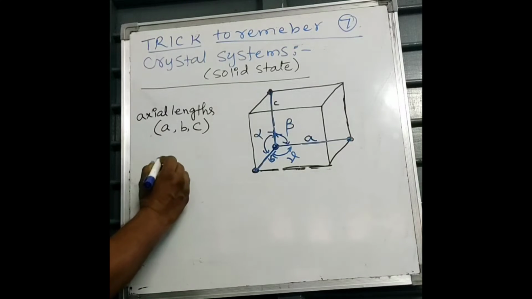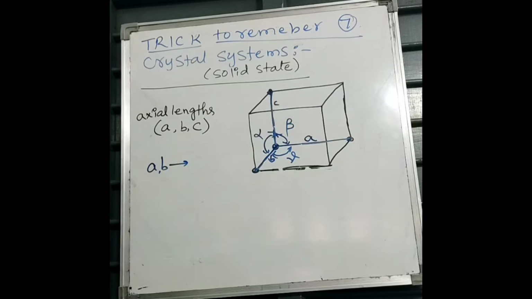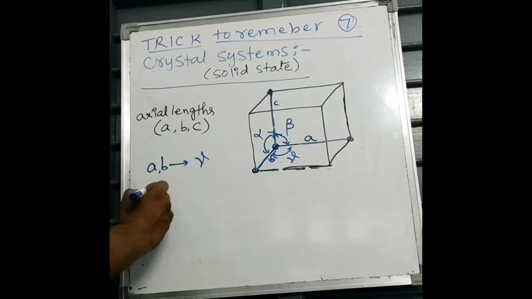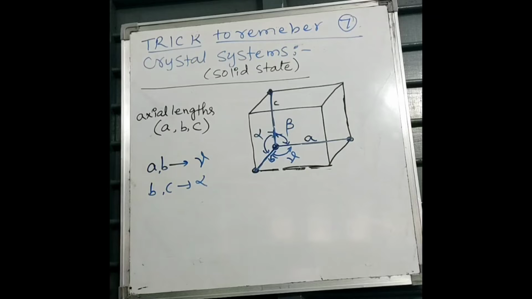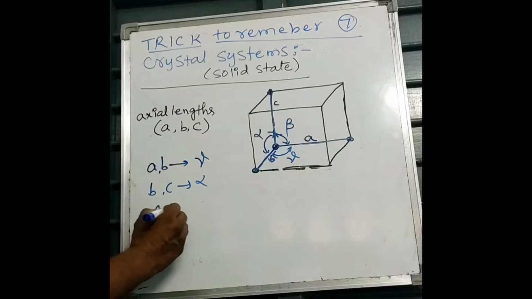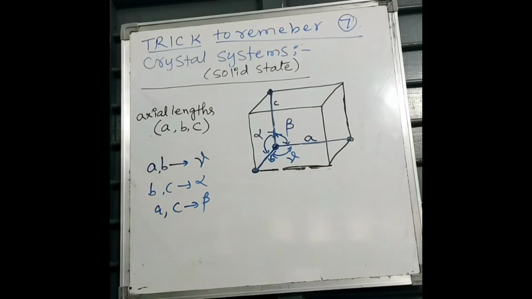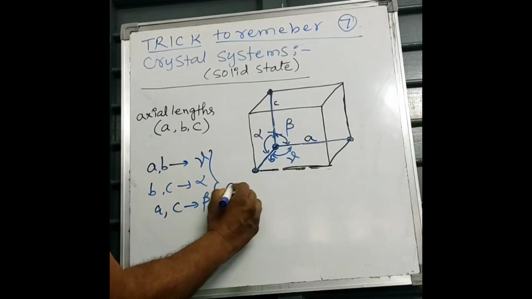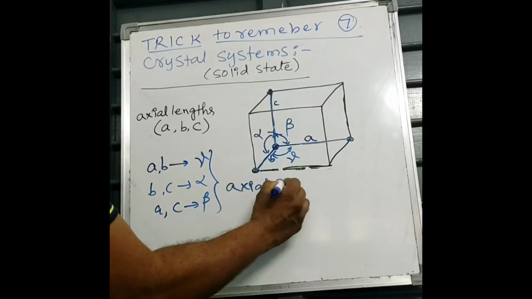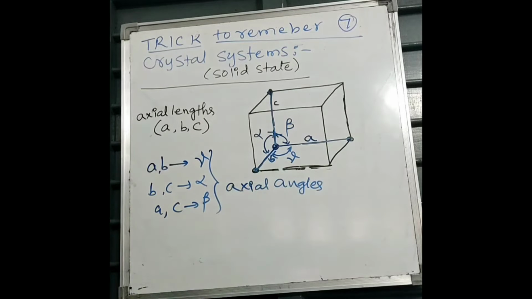The angle between A and B is gamma, and B and C, alpha, and A and C, beta. So these are called axial angles.